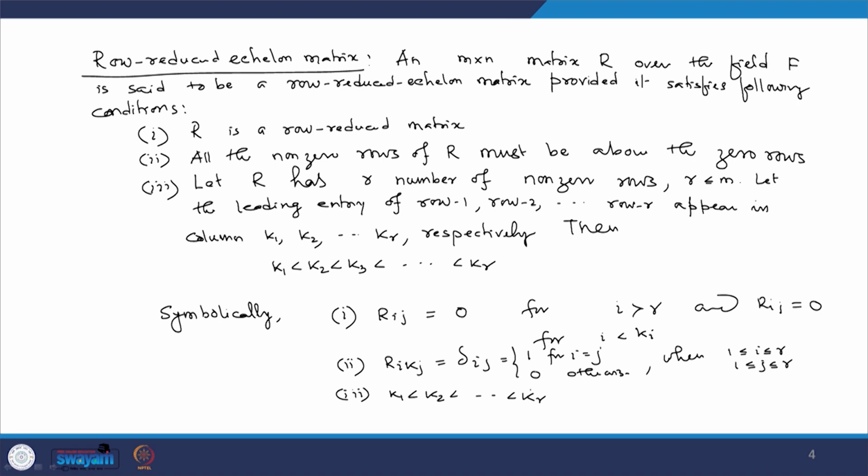So, let me take some examples first. As usual, the 0 matrix will certainly be a row reduced echelon matrix. First is the 0 matrix, a trivial example.